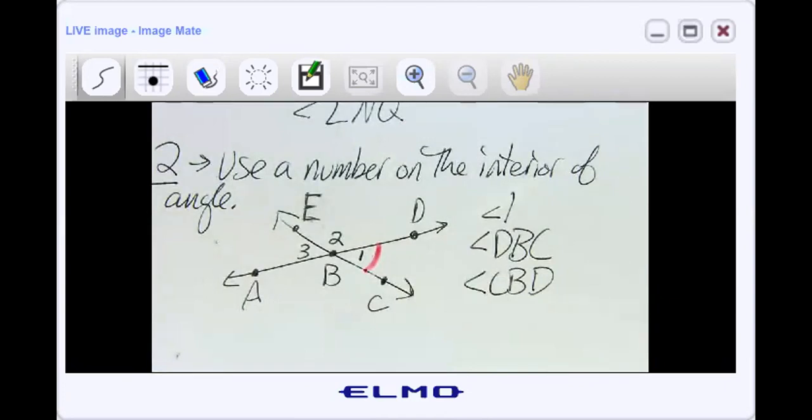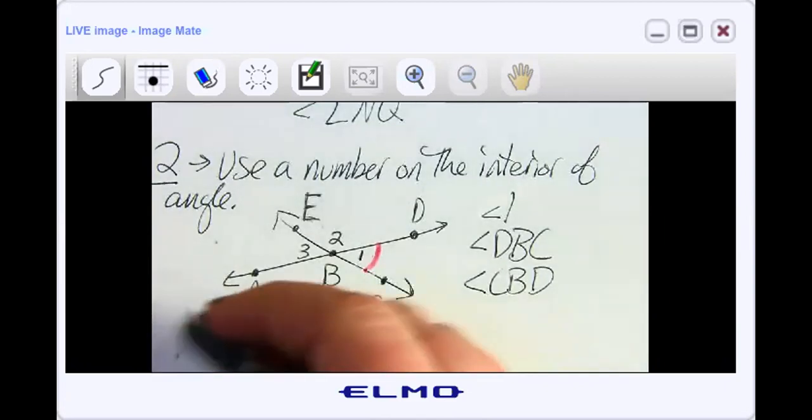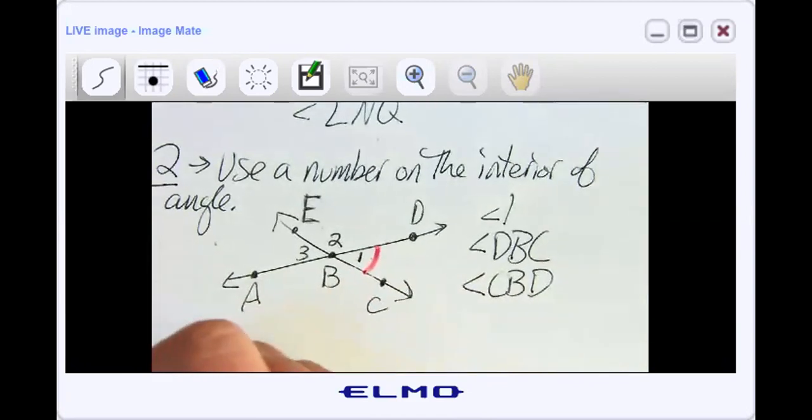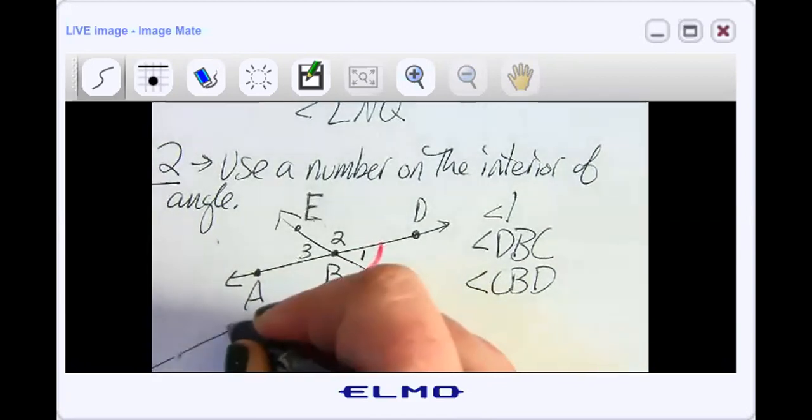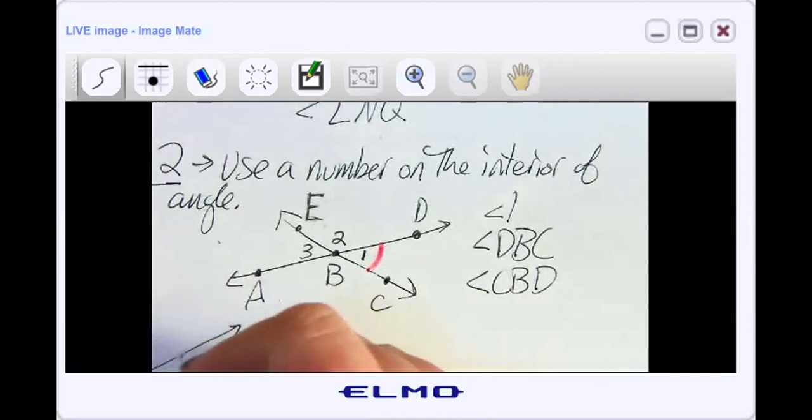Any one of those 3 ways would work to name this angle I have highlighted here in red. Okay, let me show you the limitation, though, of using numbers to name angles and why we can't do it all the time, unfortunately.